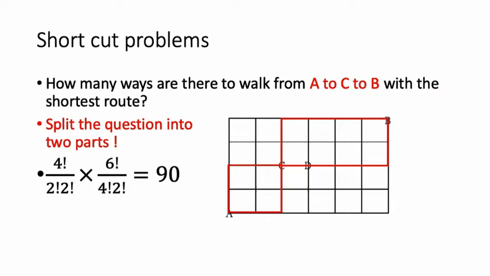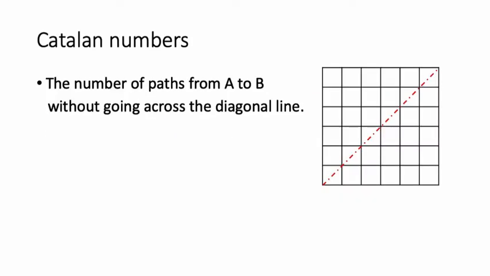After we've talked about shortcut problems, we'll next talk about Catalan numbers. Catalan numbers is actually talking about the number of paths from A to B, which is the bottom left corner and the upper right corner, without going across this diagonal line.